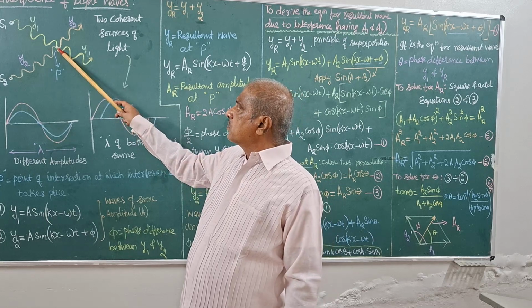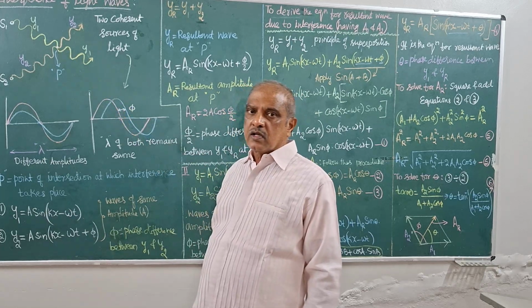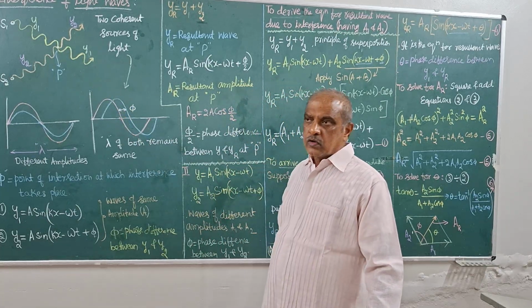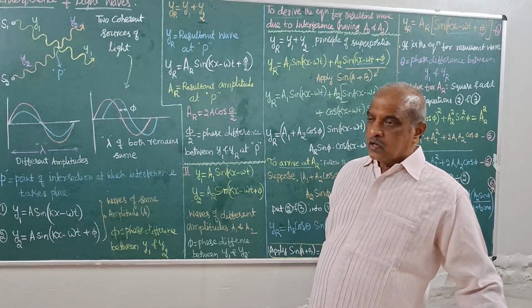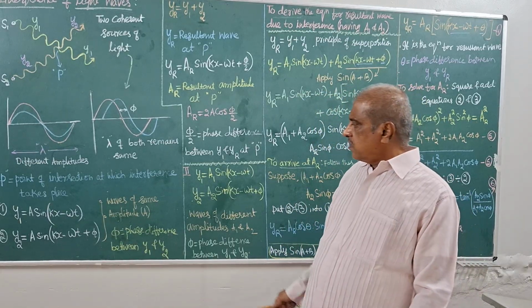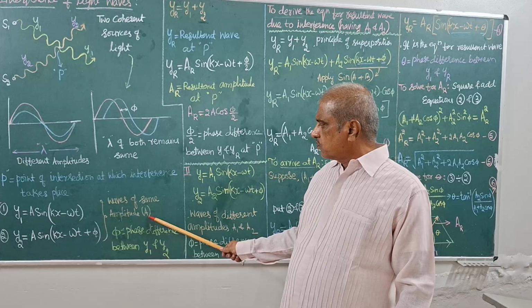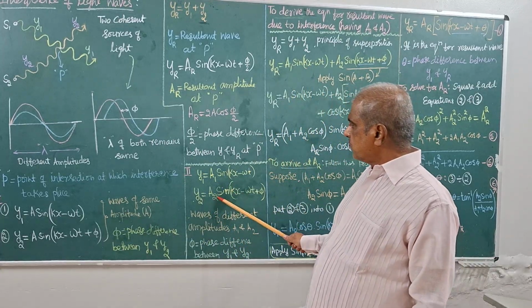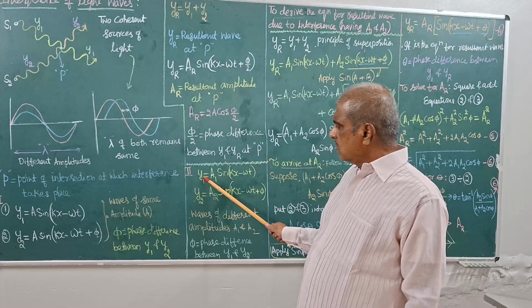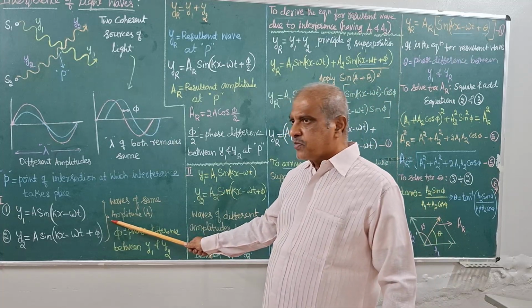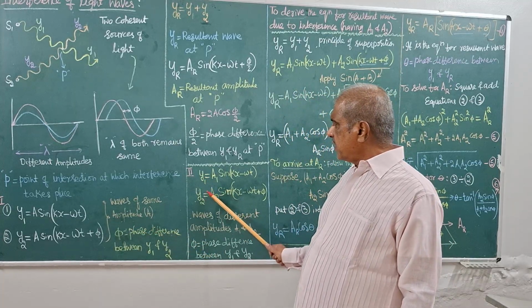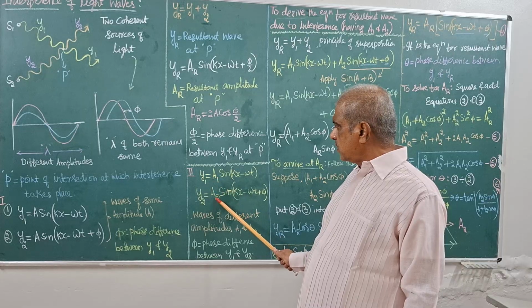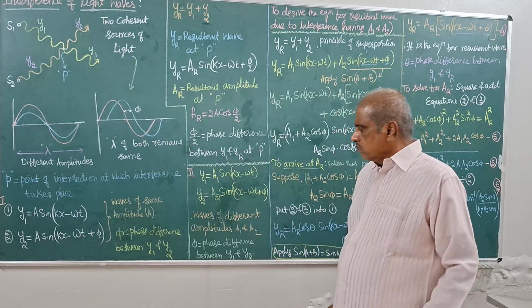Let us find out the equation for the resultant wave due to interference. There are two possibilities: waves of the same amplitude or waves of different amplitudes, A1 and A2. The equation remains the same.